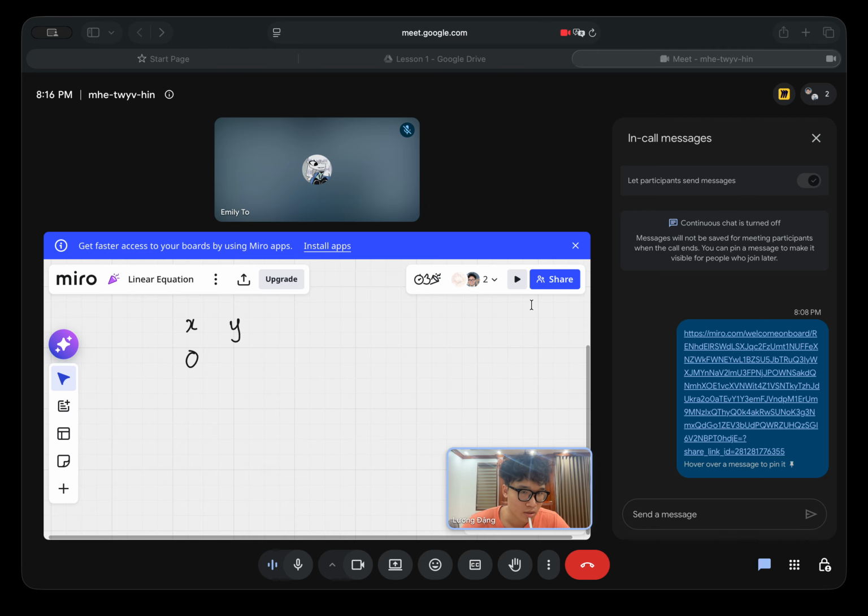Can you tell me? Y would be equal to x. Right, so it will be 0.